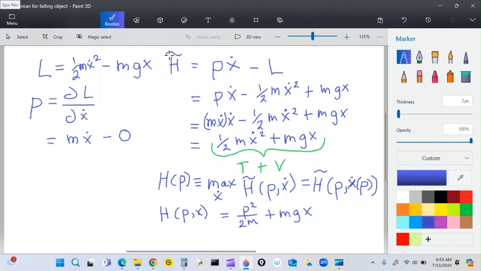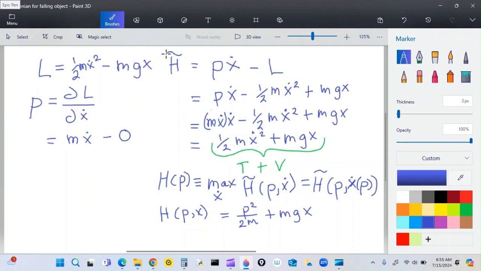This is the Hamiltonian extended. The Hamiltonian extended says that P, which is momentum, normally we call that just m times v, momentum, times x dot, which is velocity, minus the Lagrangian.